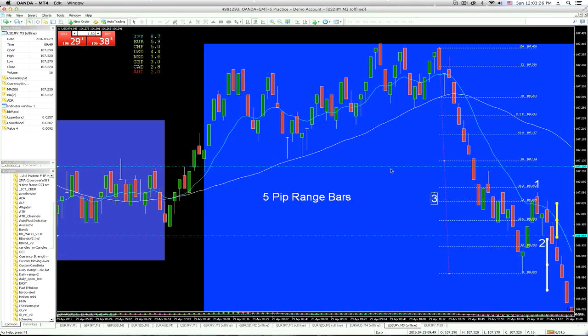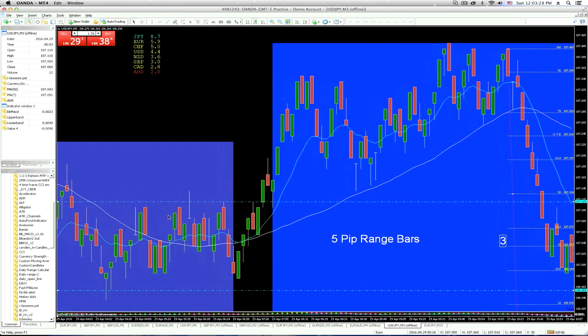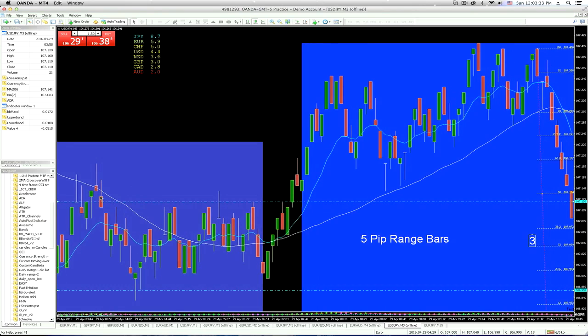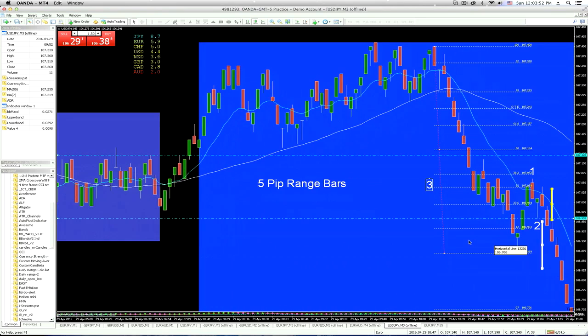Sometimes what you can see is price, like in here, at the top of this range. It goes down, hits the bottom, goes back up to the top, comes down, not all the way to the bottom, but then goes back up to the top, comes back down to the bottom. If you get really good at trading stuff like this, you can make a lot of pips. But that's pretty tricky, and I haven't quite mastered that yet.